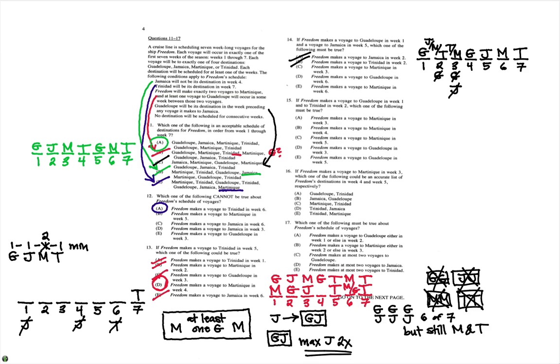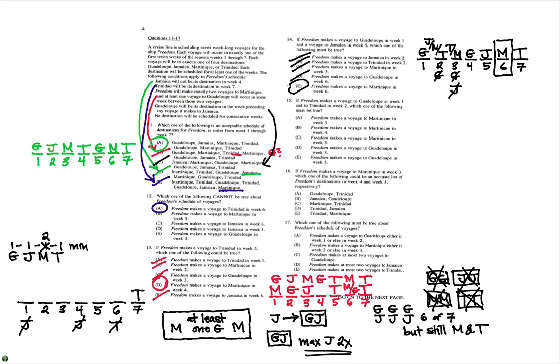Could be Trinidad, so C does not have to be true. D, Freedom makes a voyage to Guadalupe in week 6. That is impossible. It must be Martinique, which brings us by process of elimination to E. Freedom makes a voyage to Martinique in week 6. And you notice that must be true, so E would be the correct answer.